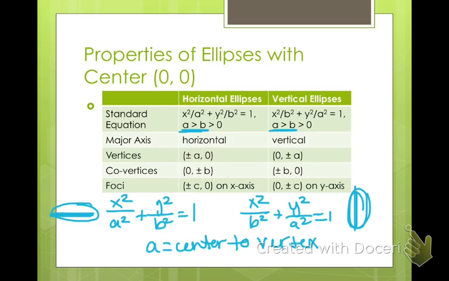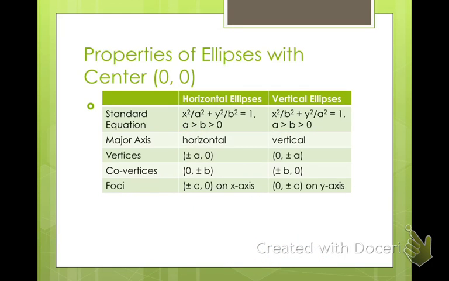Now in the formula it's a squared, so when we're talking about distance a, we'll have to square root it. b is your distance from center to co-vertices. And then c is your focal length, which is what c is always represented as in this chapter. Okay, so make sure you write down those two formulas.